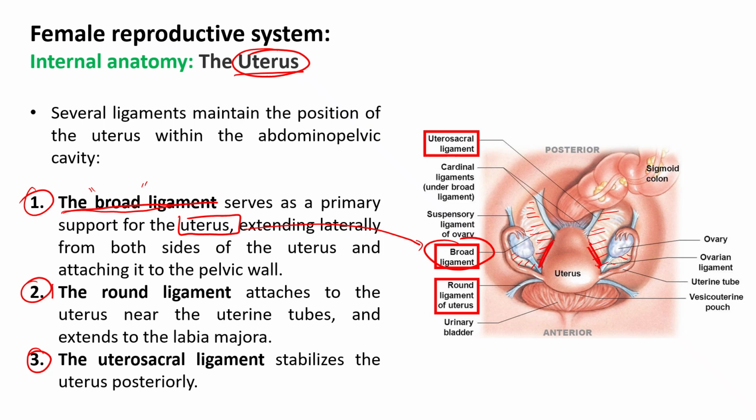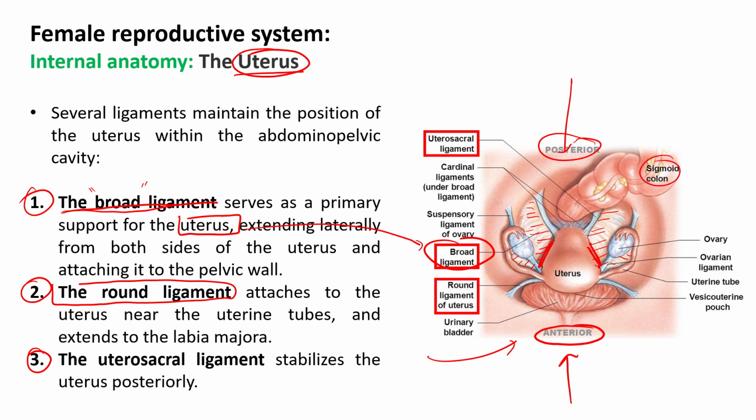Then we also have the round ligament. To understand this picture, we need to understand that this is the anterior part, meaning the front. This is the posterior part, the back. You can see here the rectum, the sigmoid colon, the rectum, and the anus. This is a superior view, so we just imagine that we're looking at this from the top.